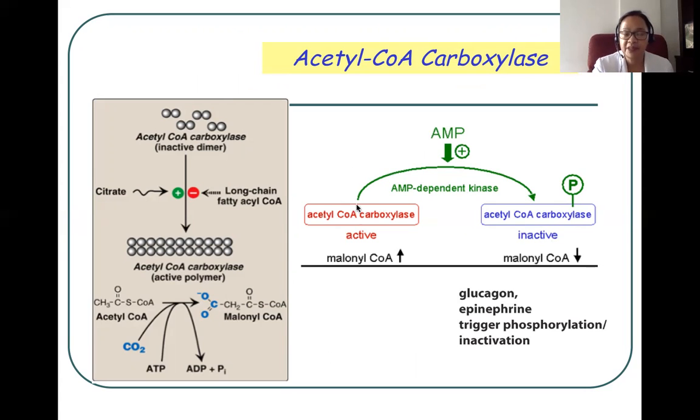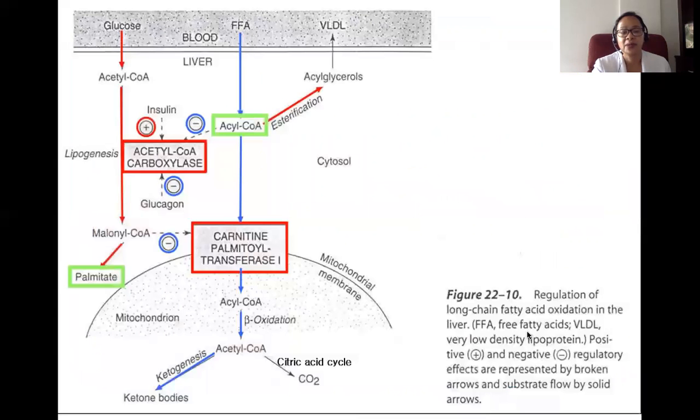If it is dephosphorylated, it becomes active, so there will be more malonyl coenzyme A. The ones that phosphorylate your enzyme are the counter-regulatory hormones such as glucagon, epinephrine, and so on. Here it shows insulin with a plus, so insulin stimulates this enzyme. Therefore, with the presence of insulin, there would be more fatty acid synthesis.